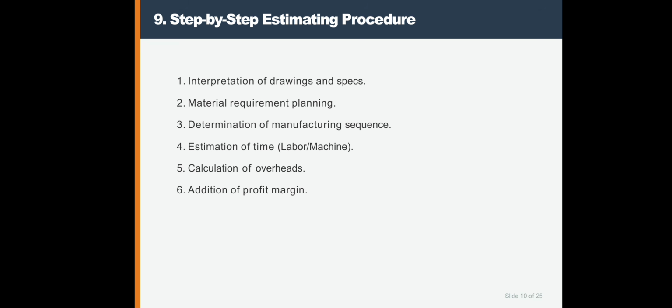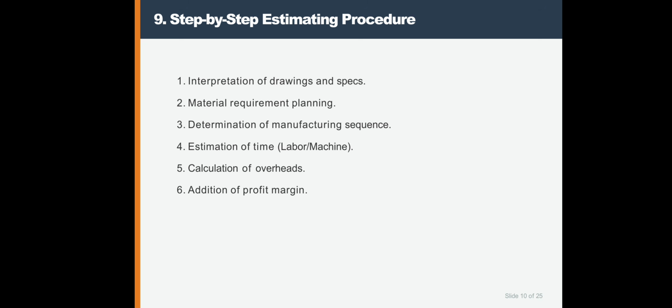Step-by-step estimating procedures: six steps are mentioned below. The first step is interpretation of drawing and specs. The second is material requirement planning. The third is determination of manufacturing sequence. The fourth is estimation of time, that means labor or machine.